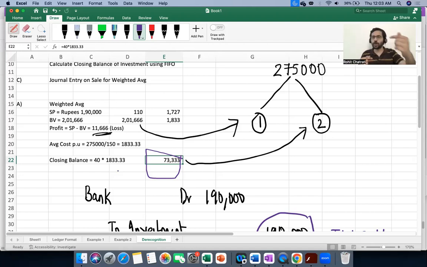This is more a cross verification for you that will help you in the exams, where you can check whether your closing balance is matching with the number of shares multiplied by the weighted average cost per unit. In one or two illustrations, I'll show you how that closing balance matches as well. So that is how we would solve the question under the weighted average cost method.